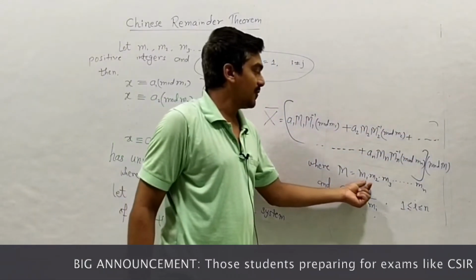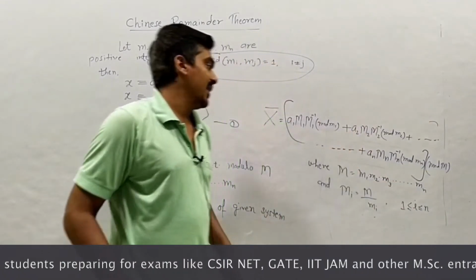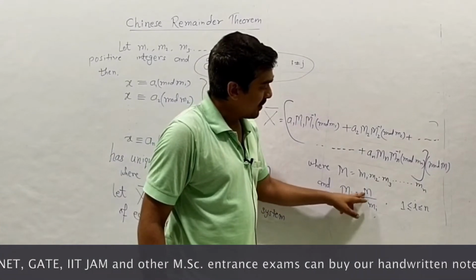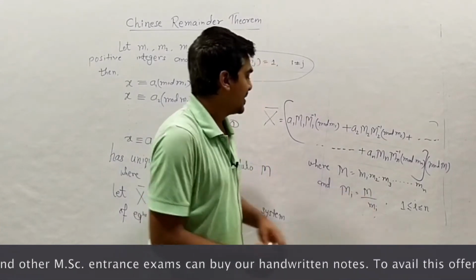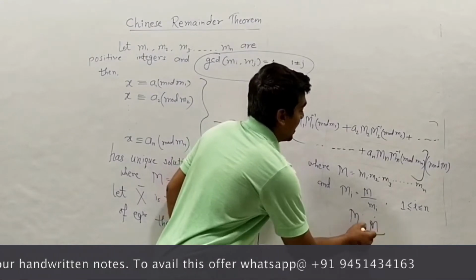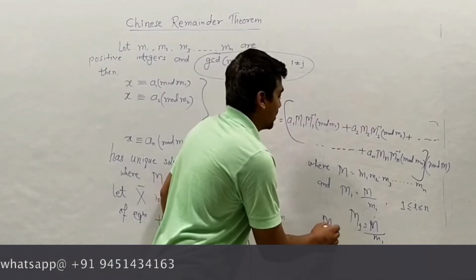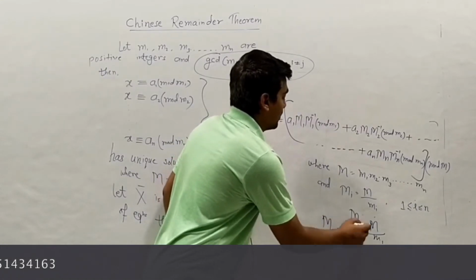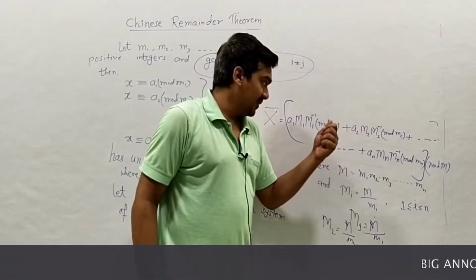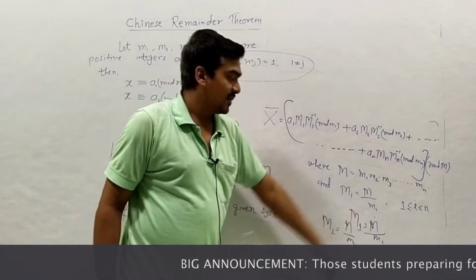M is the product of m1, m2, m3 up to mn. And what is Mi? M upon small mi, that is if we want to find M1, that is capital M upon small m1. If we want to find M2, then M2 is M upon m2. Similarly, M3 up to Mn can be found this way.